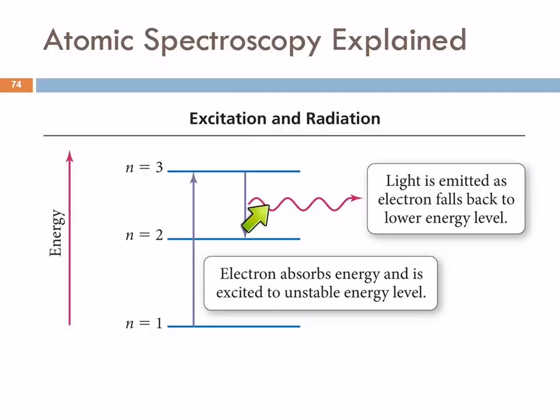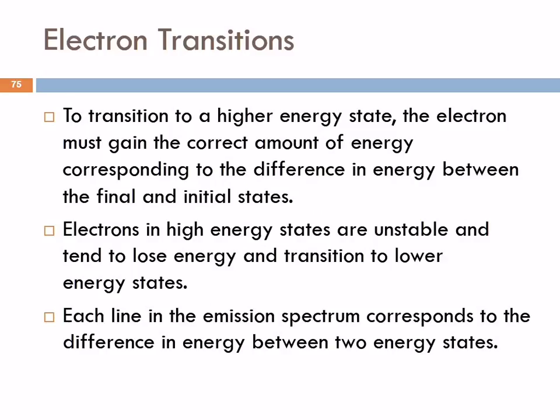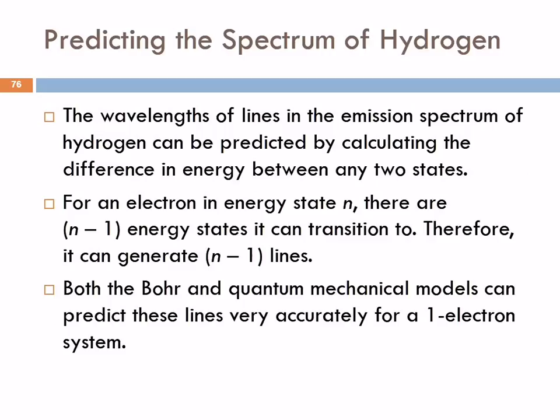This energy, this photon being emitted, that's the line that we see. We can predict the wavelengths of light for hydrogen.